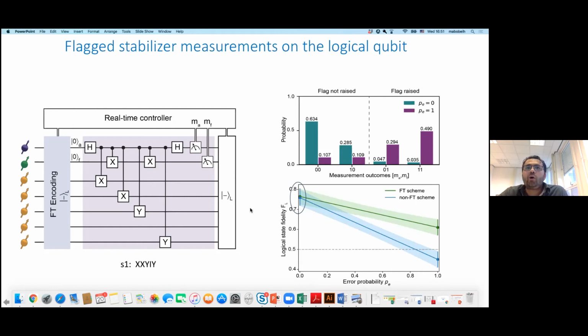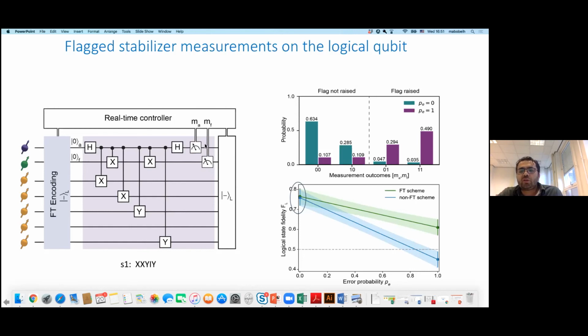So the resulting output in this case is 2 classical outcomes, ancilla and the flag. And of course, the post measurement state. So we still have the state after this measurement. Okay, but then how can we characterize the state after the stabilizer measurement?